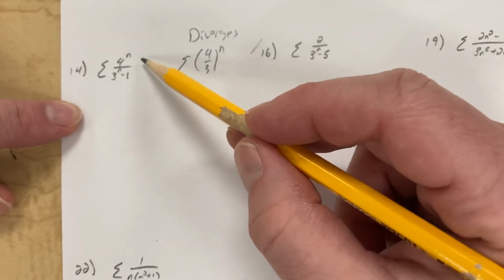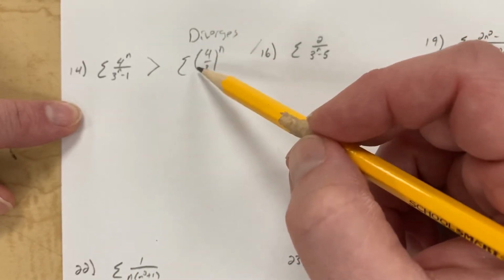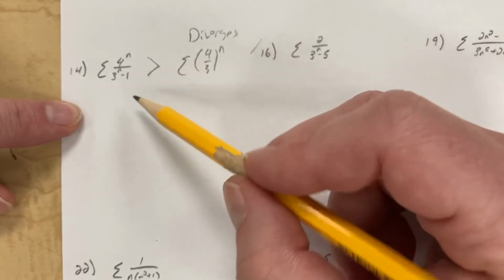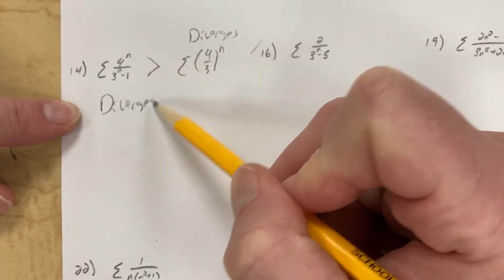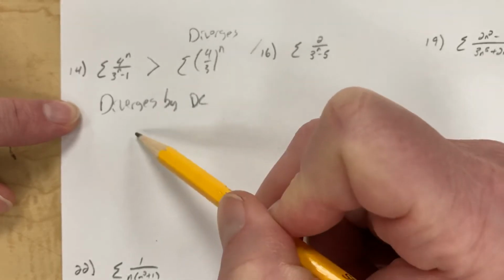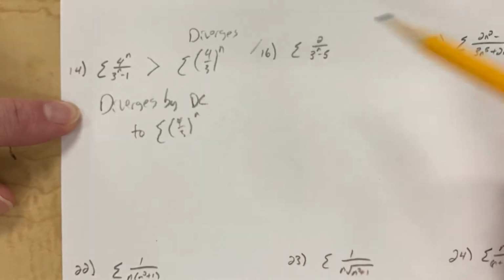And that means this sum will be bigger than this sum. And if this sum is going to diverge and go off to infinity, and this is going to be something bigger, then this also will diverge. Right? So this diverges by direct comparison to the geometric series 4/3 to the n.